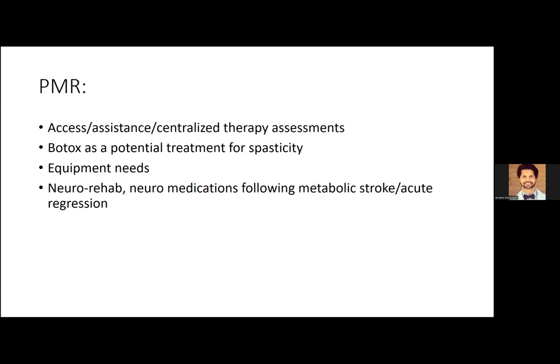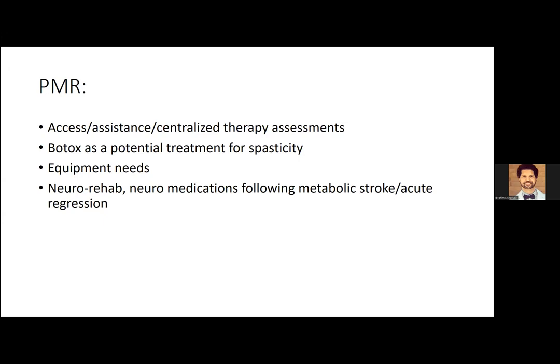But more than that, they also are able to provide medical treatments for things like neuro rehab following a stroke. If you have tone issues, they can administer Botox, for example, which some people find helpful and some people don't. They're the experts in assessing what your equipment needs are, what kind of shoes, what kind of wheelchair, things like that.